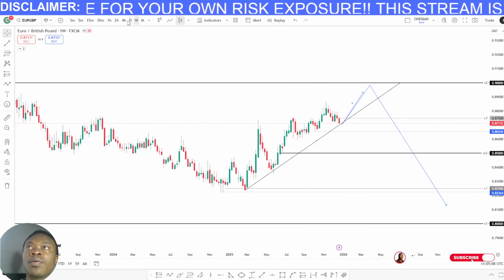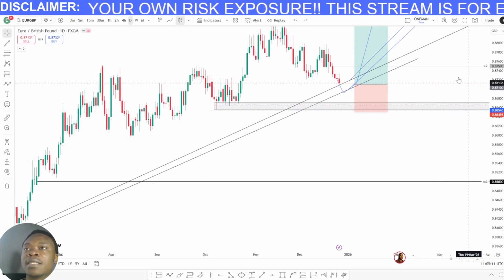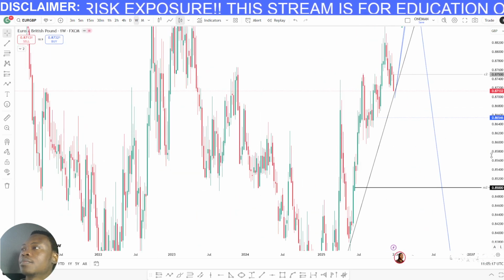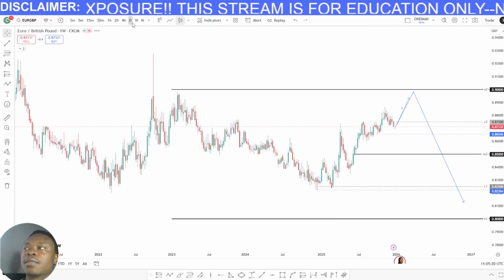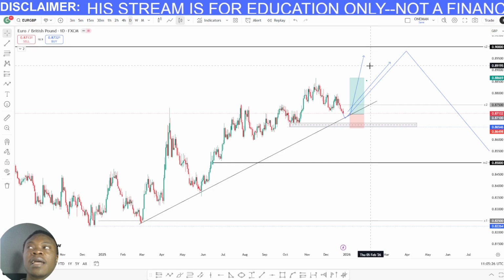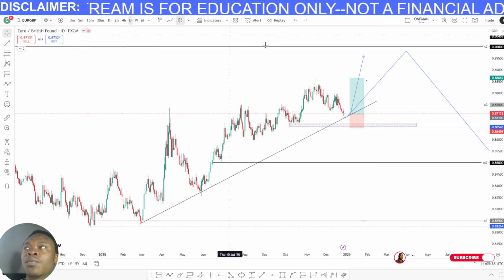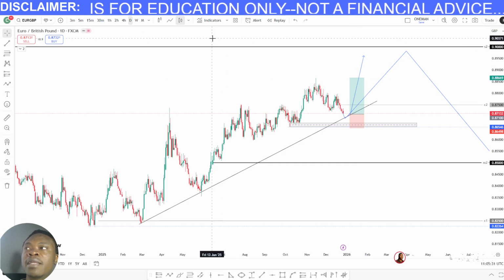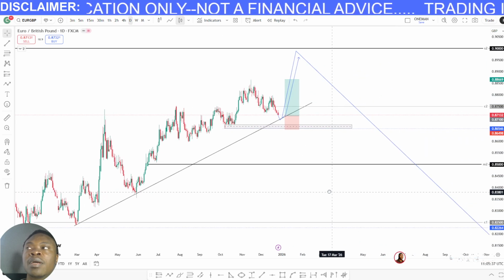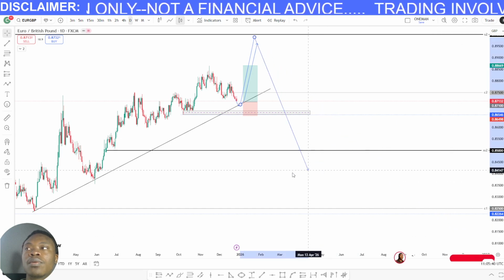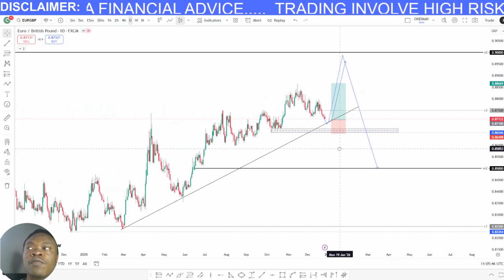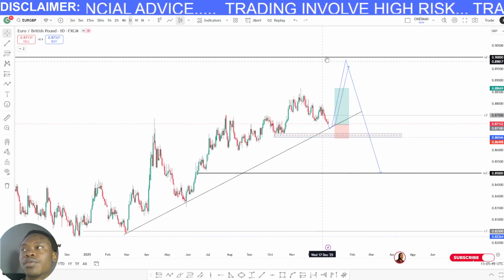So here, when we quickly move to the daily, then we could see a beautiful daily trend line that we expect that once we get a buying evidence from this trend line, price goes up before selling all the way down. So this is the move we are expecting on Euro GBP.